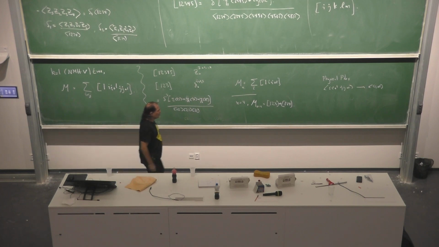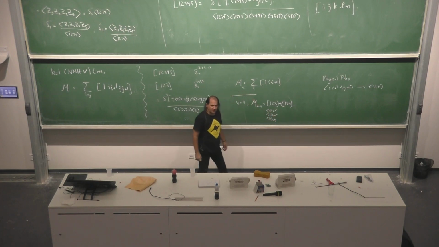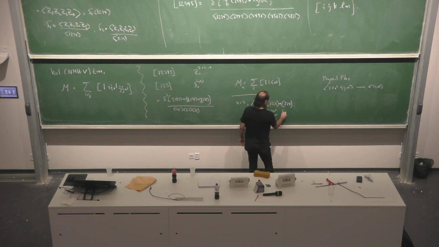And let's see again, what are the poles of this guy? The poles of this guy are 1, 2, 2, 3, and 3, 1. This one is good, this one is good, this one is bad because it's not consecutive, right? And the poles of this one are 1, 3, 3, 4, 4, 1.